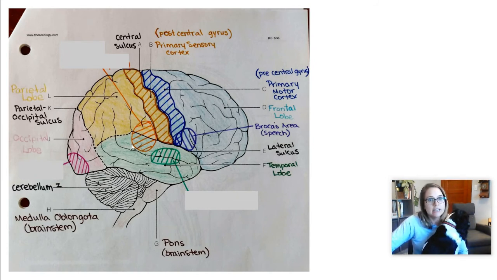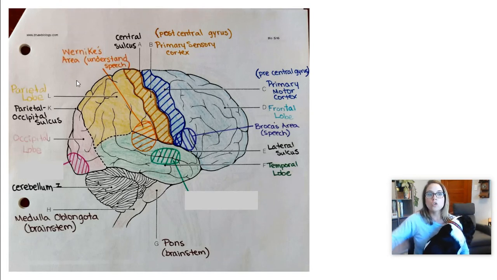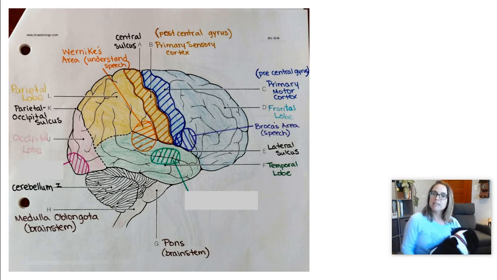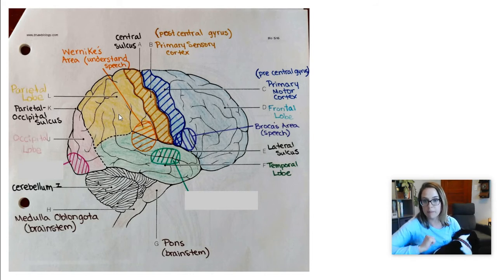Opposed to that is this area over here. It sort of overlaps between the parietal lobe and the temporal lobe. And this is called Wernicke's area. And this is also involved in speech, but it is how you understand speech. So this would be where you can understand the words coming from my mouth.